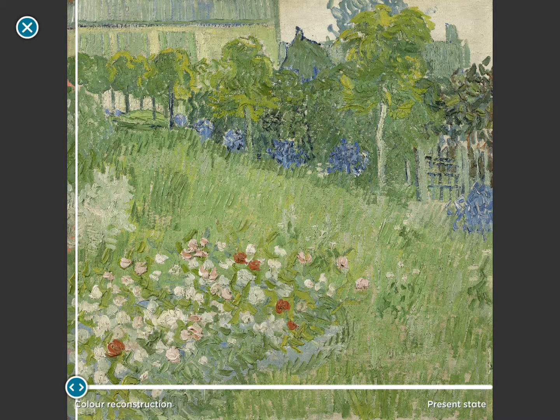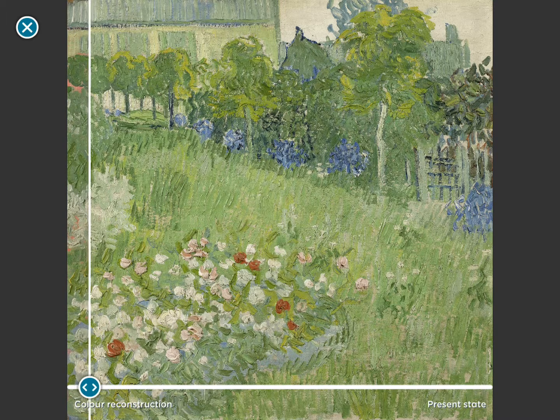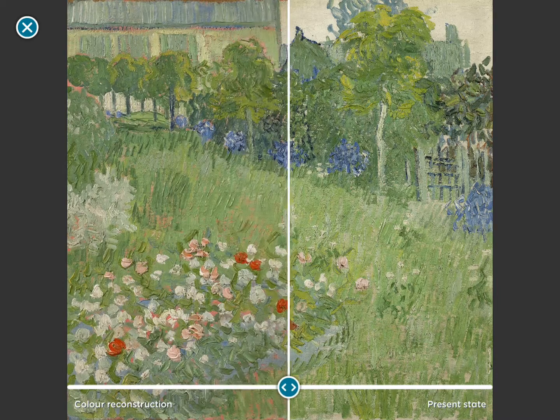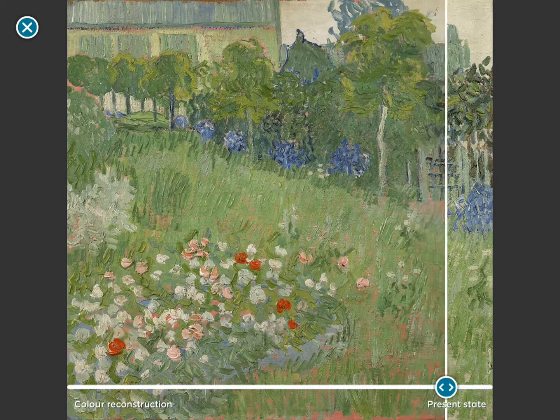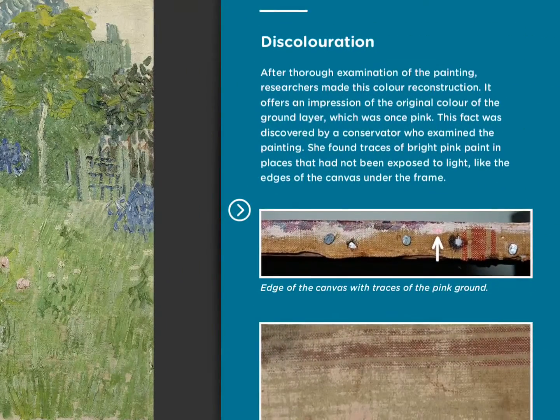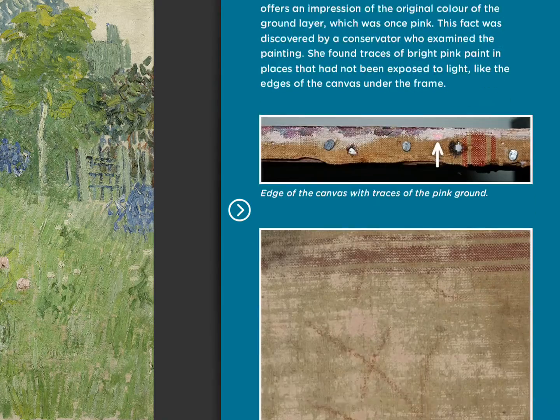So on this painting, you can see a color reconstruction starting at where it was, and you can watch the pinks and the reds get brighter, and now this is the present state of the picture.